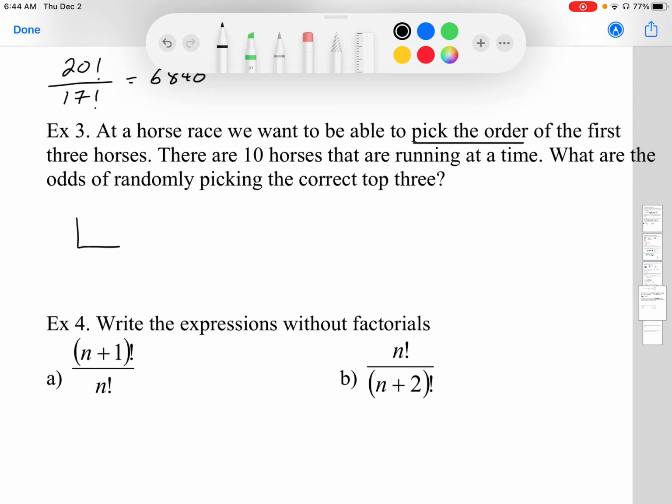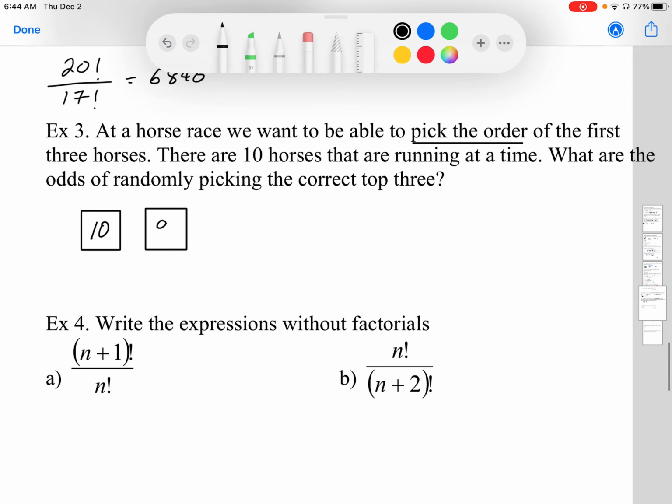So for the first place horse, there are 10 possibilities. For the second place horse, there are 9 left to finish second. And for the third place horse, there are 8 horses left to pick. So we end up with 720 possibilities.